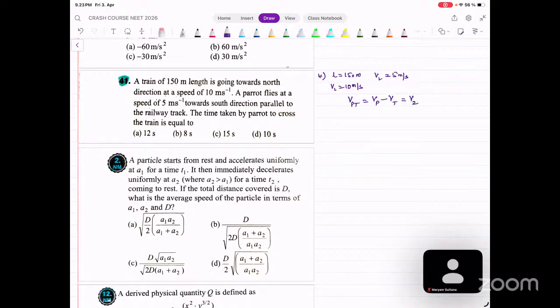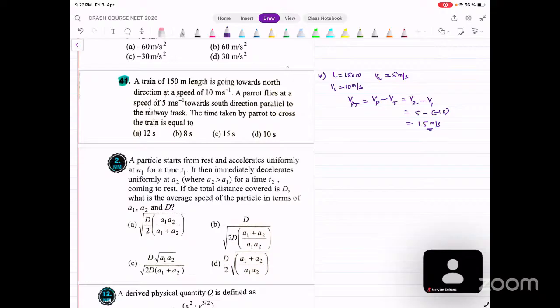Velocity of parrot is v2, minus v1. The train is moving in the opposite direction, so this is minus of minus 10. Minus of minus will be plus, it will be 15 meter per second.